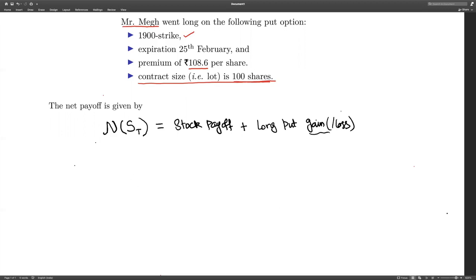So often we will not say gain or loss, we just say gain. It doesn't mean there is only gain, there can be a loss also. Therefore, gain equal to some negative number means it's a loss, and that is given by the spot market price of the stock at the expiration minus the initial stock price, that is the price at which Mr.